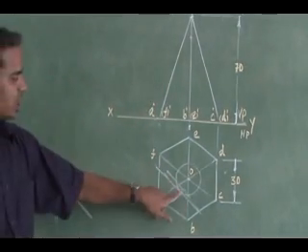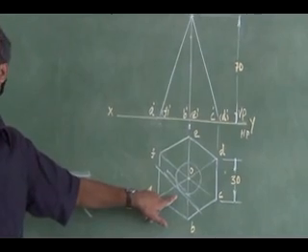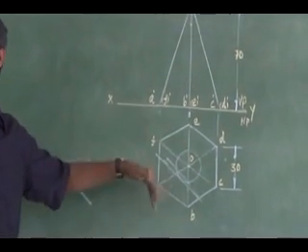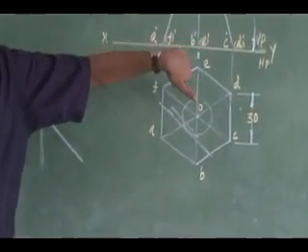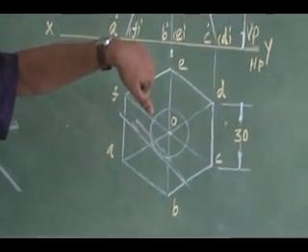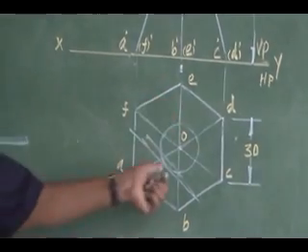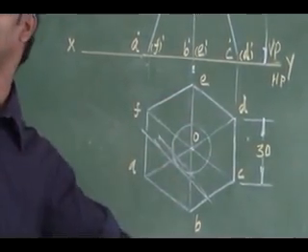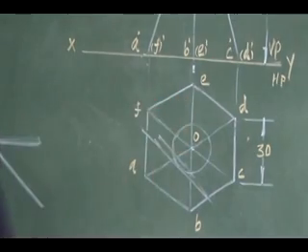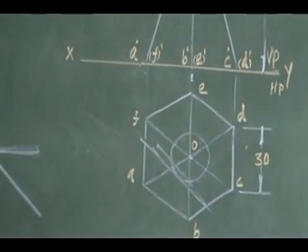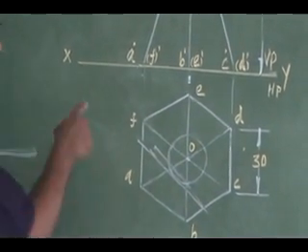See, the previous one is wrong. The cutting plane should tangentially match the construction circle you have drawn. So a tangent line 40 degree inclined to the reference line is my cutting plane. This way you have to draw it.